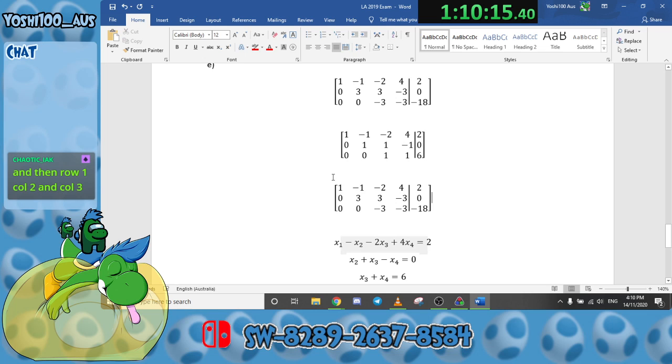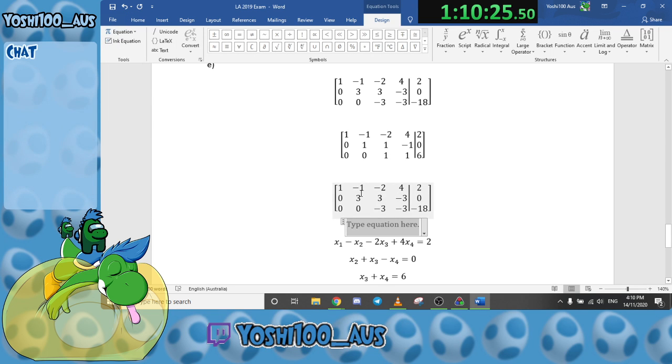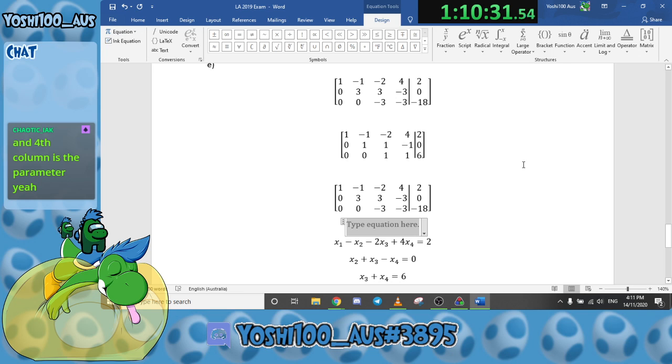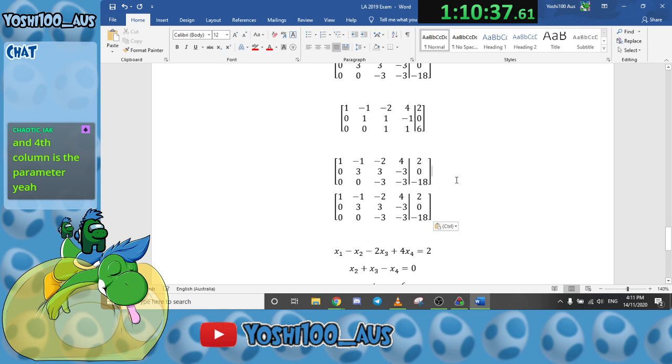Yeah, row 1, column 2, and column 3. And this variable you just leave out. Because then you can determine the linear independence here, like the 1-on-1s, the pivots. Okay, let's do this.